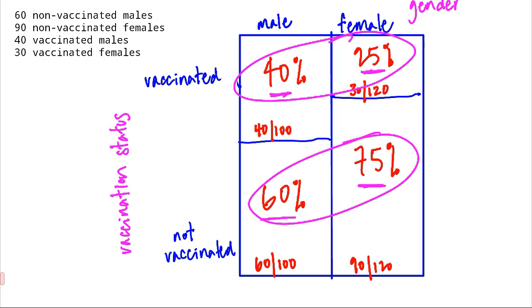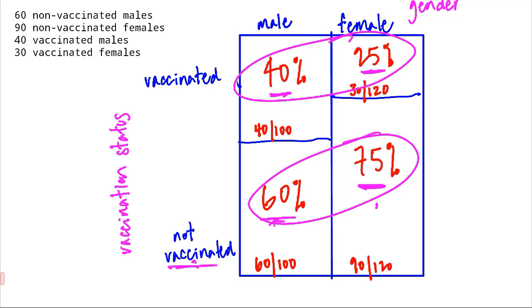Okay, so again, here, if we start with not vaccinated, we've got 60% of the men in this population have not been vaccinated, 75% of the women in this population have not been vaccinated. These are the two values we want to compare, and we find that this number is bigger than this one, so we say that not vaccinated, actually I should back up a second. So there's a difference between these two.